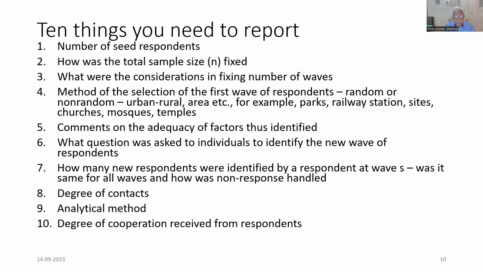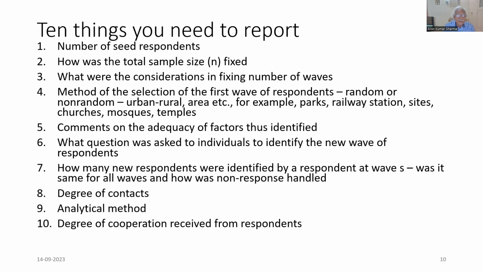How did you represent urban and rural areas? If the people are found in different parks or railway stations or sites or churches or mosques or temples, how did you ensure that there is no bias in selecting the sample? The first wave of respondents means the seed. How did you ensure unbiasedness in selection of seeds?